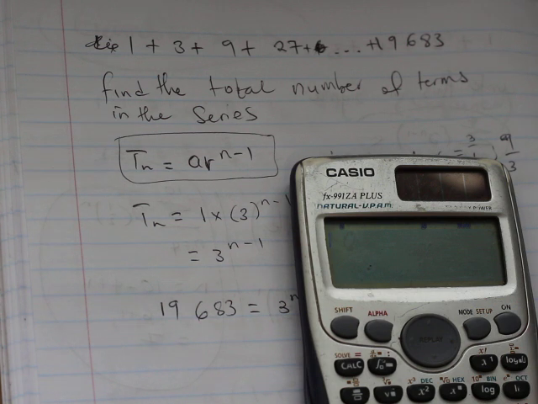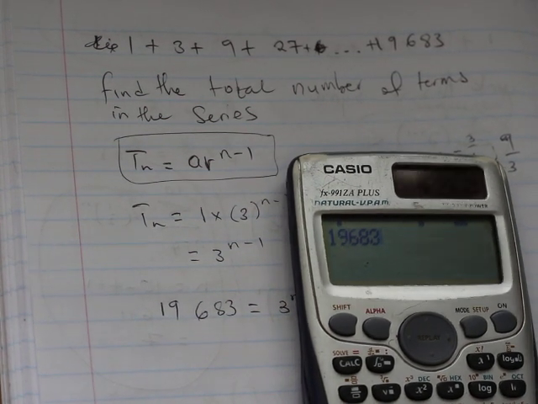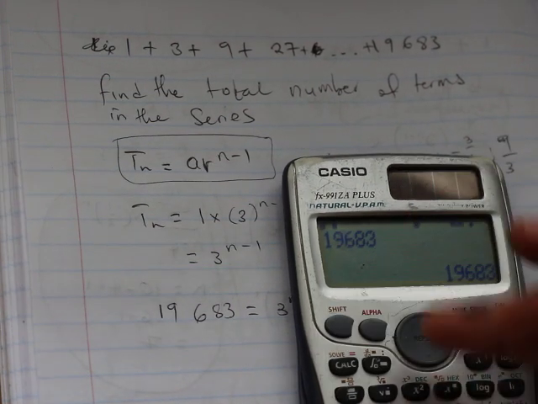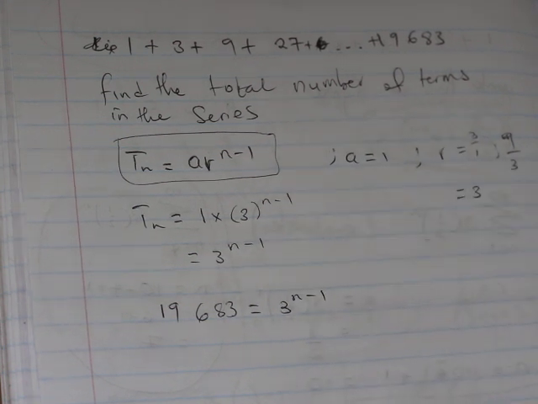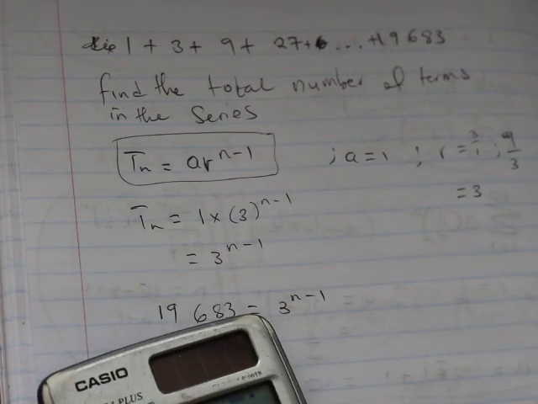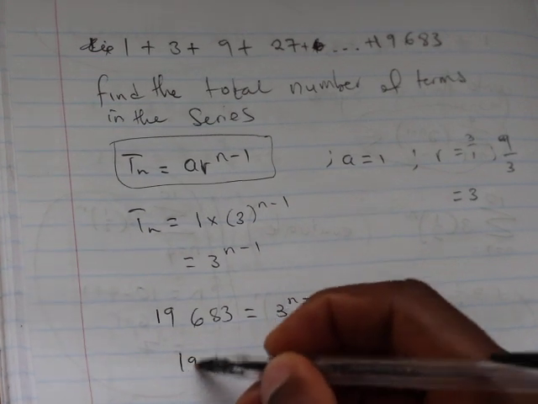Normally how we do it is we punch 19,683 into the calculator, say equals, then shift, and then fact. It seems like we are not getting it, because you can see that it's giving us some weird numbers. So maybe we still need to do this.